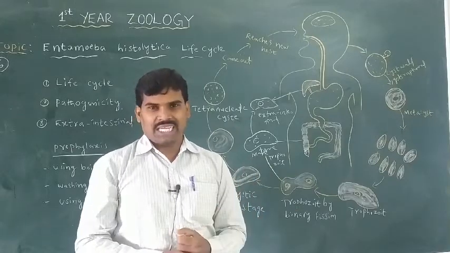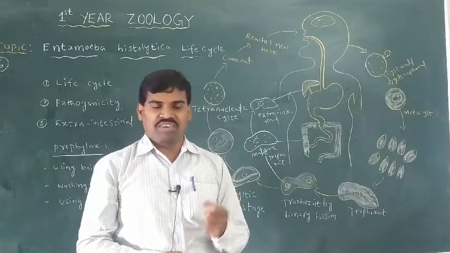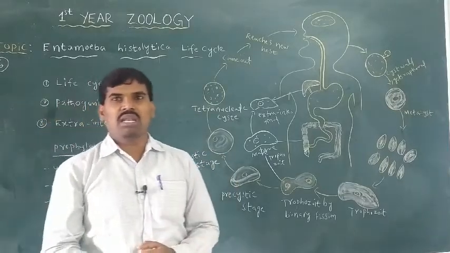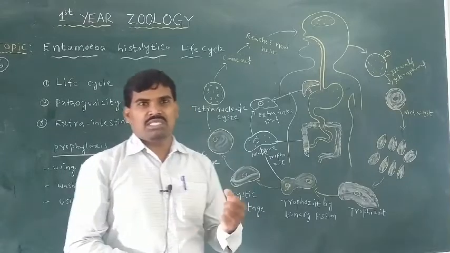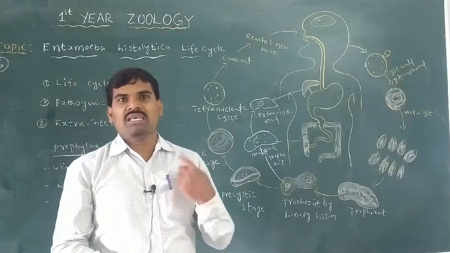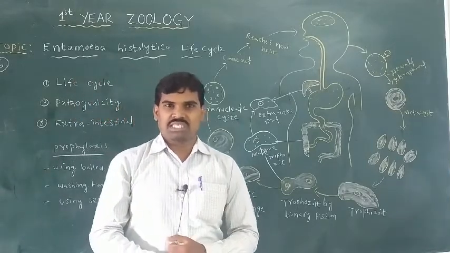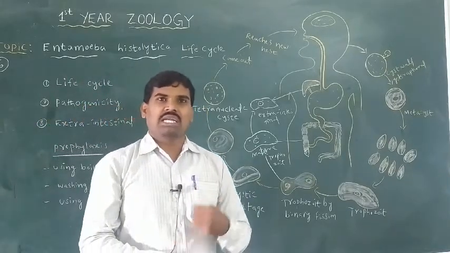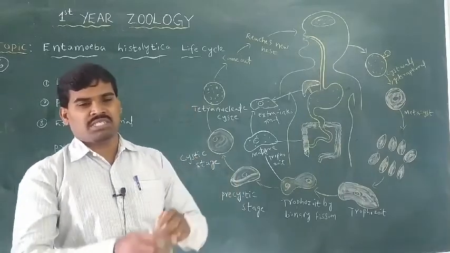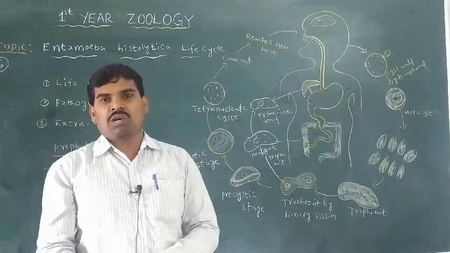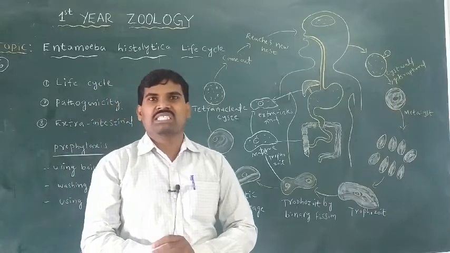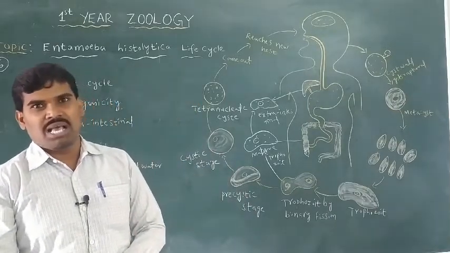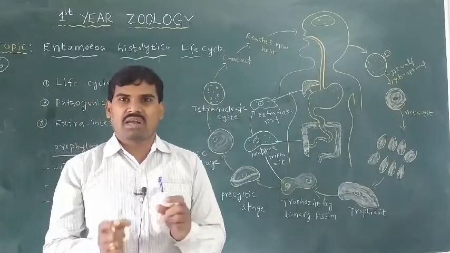Trophozoite is the active, motile stage, the feeding and pathogenic stage. The precystic stage is non-motile and non-pathogenic. The third one, the cystic stage, is non-feeding but infective. It is non-motile and surrounded by an outer membrane, the cyst wall, hence the name cystic stage. How many nuclei in the cystic stage of Entamoeba histolytica?